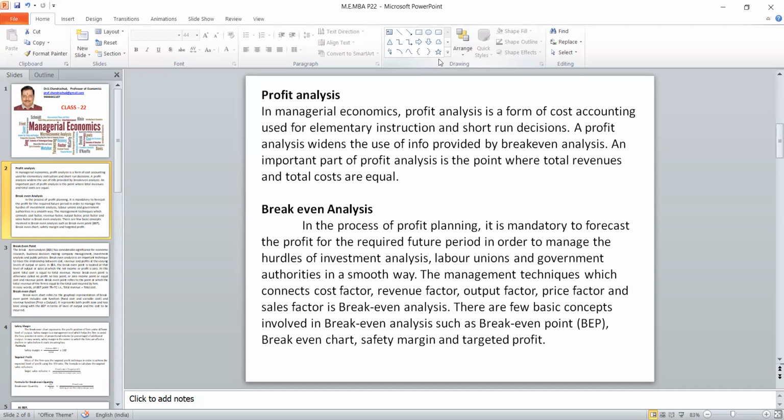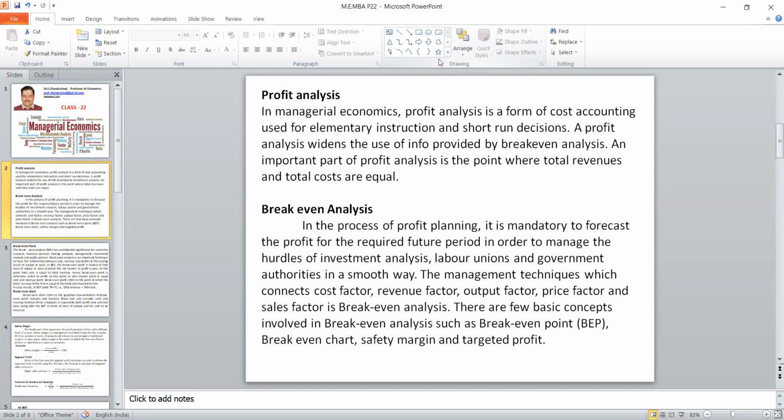There are many factors related to profit. But we are considering only cost and revenue in break even. Not only that, there will be price factor, goodwill, some political influence, and market fluctuation. All these things should be handled properly.